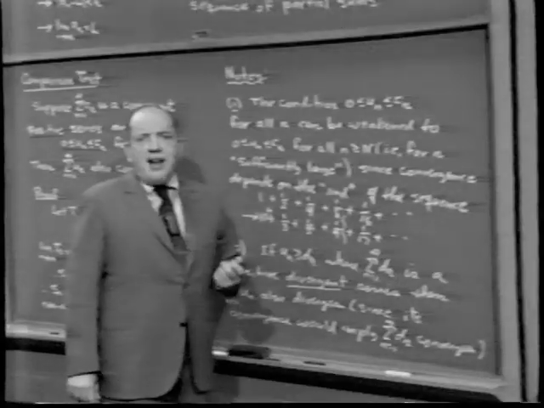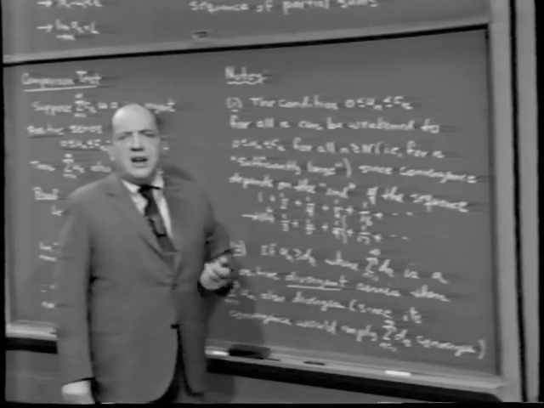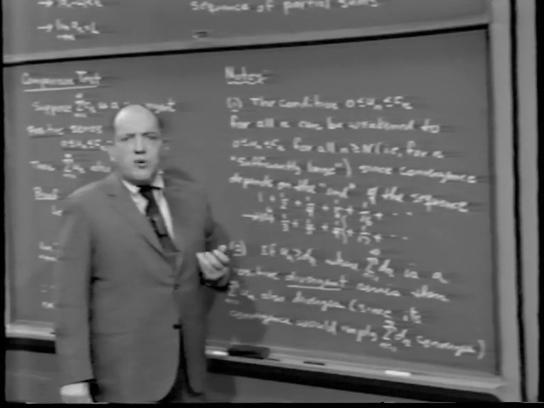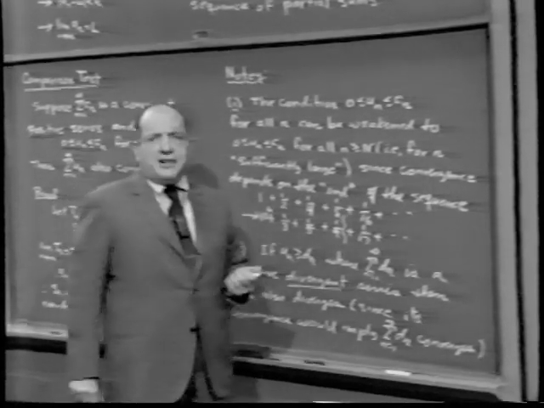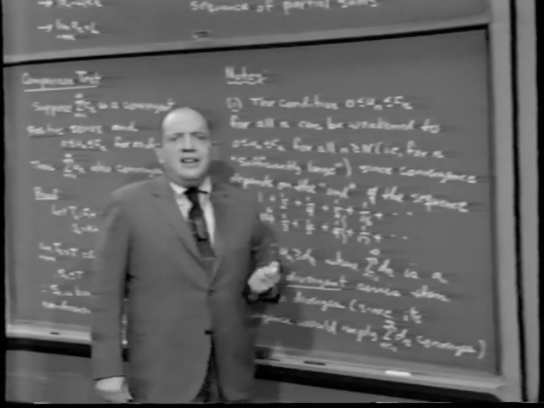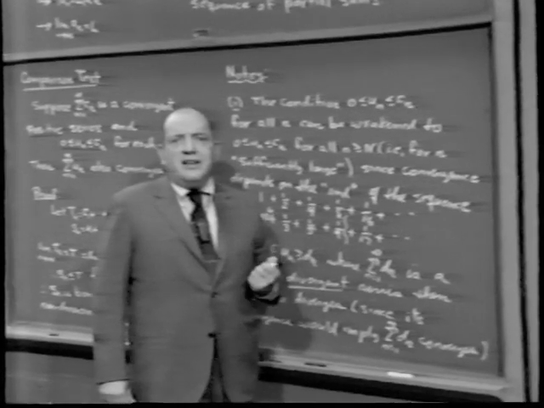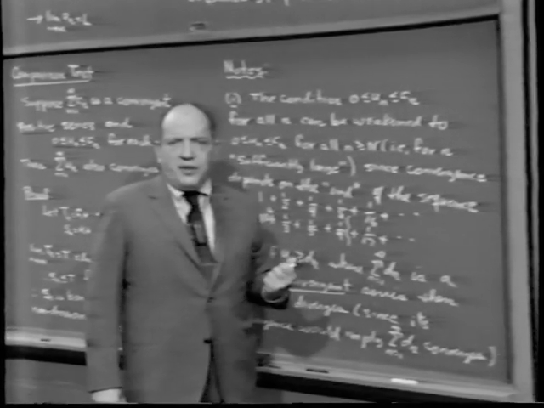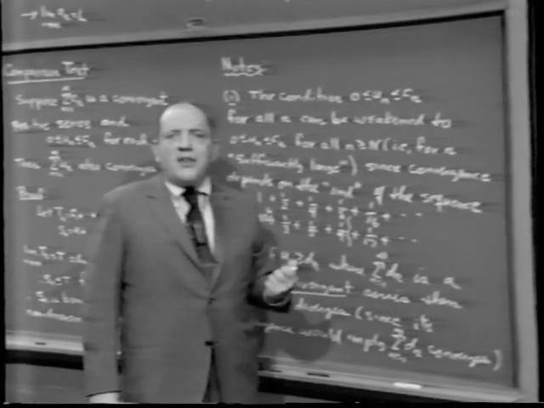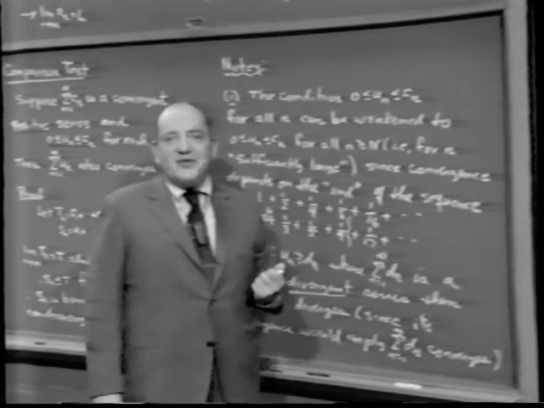At any rate, these are the 2 portions of the comparison test, and this is what goes into the comparison test. Now, the interesting thing, or the drawback to the comparison test, is simply this, that 99 times out of 100, if you can find a series to compare a given series with, you probably would have known whether the given series converged or diverged in the first place.